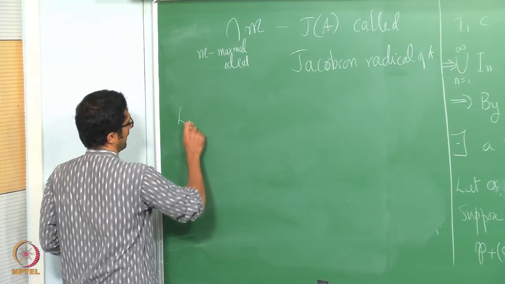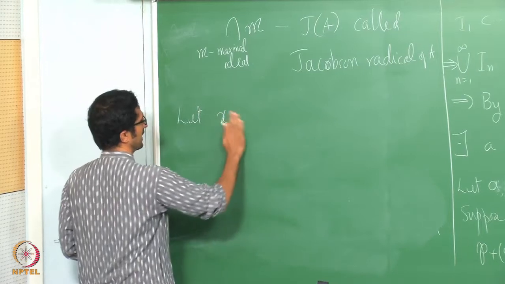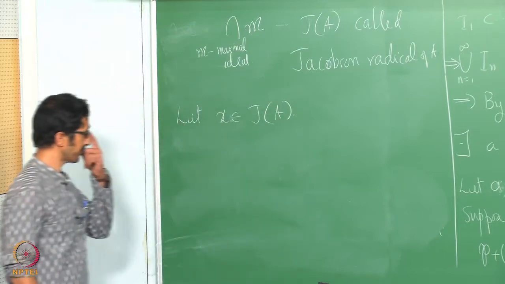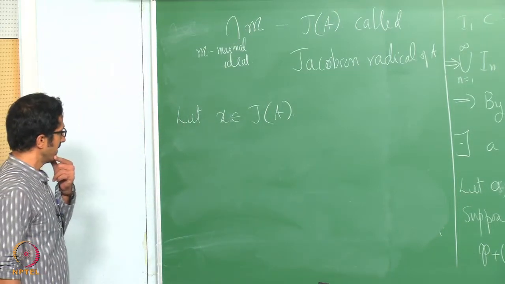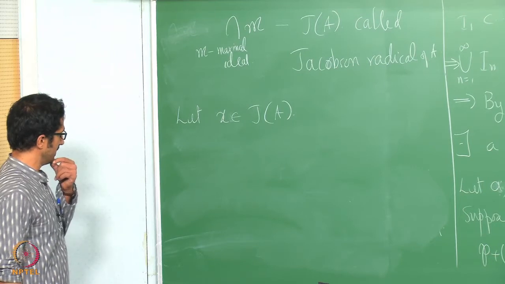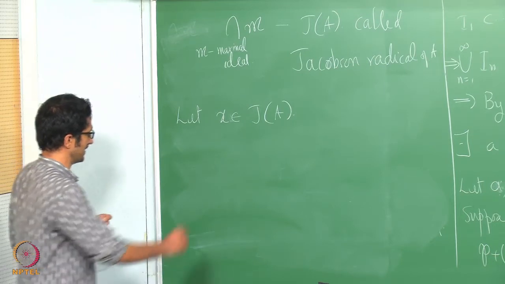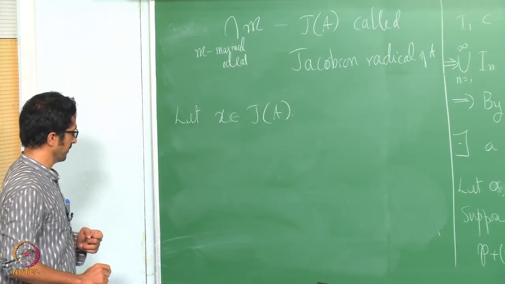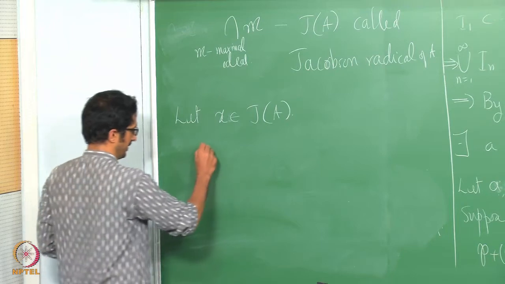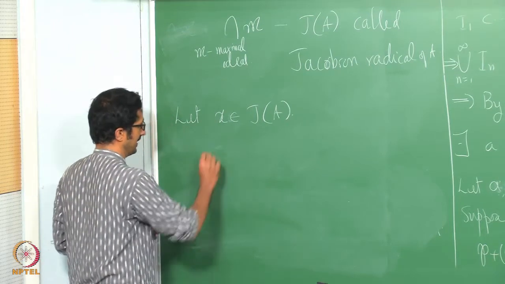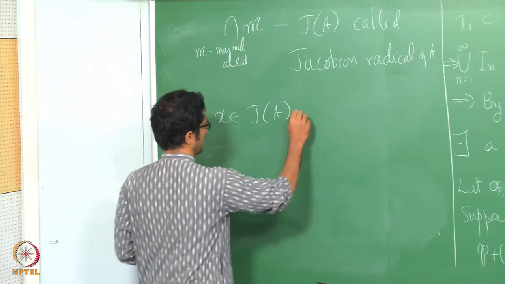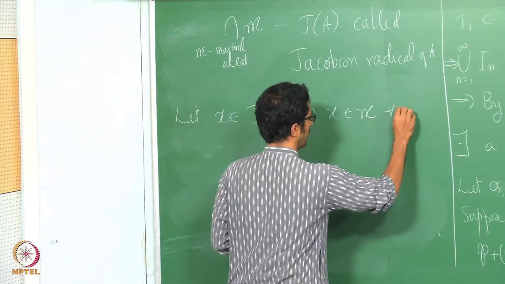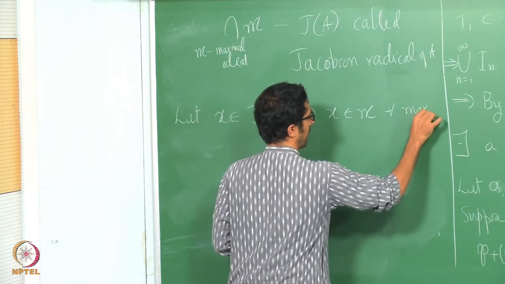So let's start with an element x in the Jacobson radical. So this is there in all maximal ideals, which says that x belongs to M for all maximal ideals M.